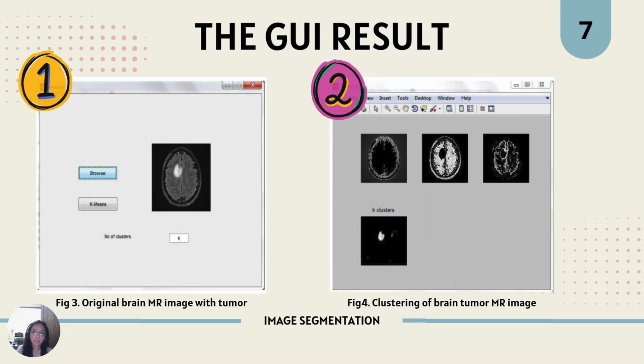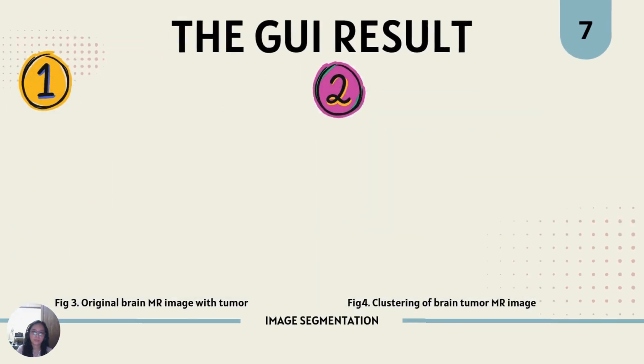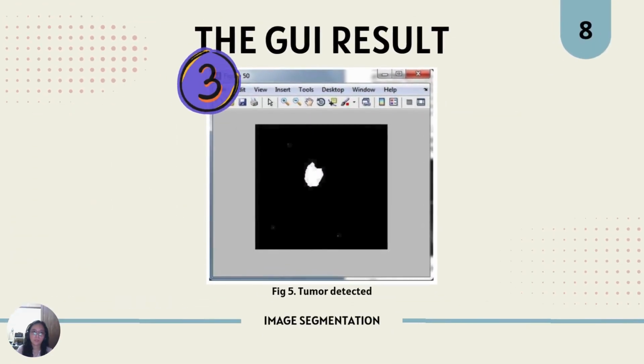This shows the final clustering of the brain MRI image after being processed by the algorithm. Finally, in step 3, figure 5 shows the final tumor detected from the portion of the MRI image.